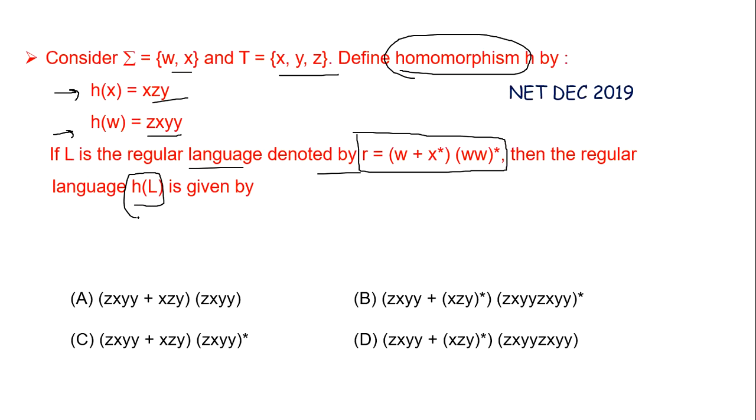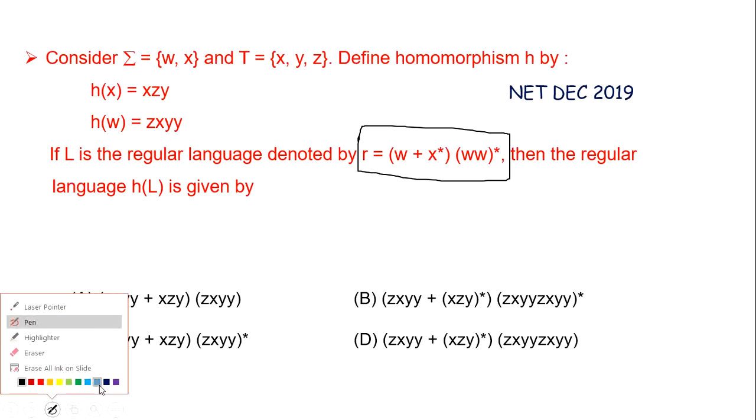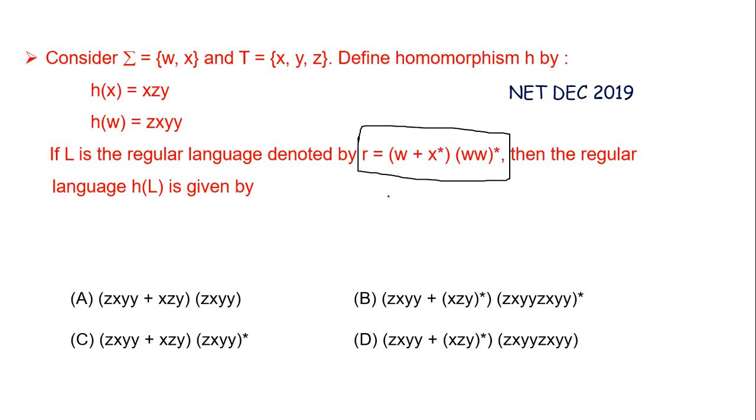Now see, we are given a regular language, one regular expression is given, and we have to find the homomorphic expression for the same regular language. So we just need to apply the homomorphic functions on this regular expression. This one is quite easy.